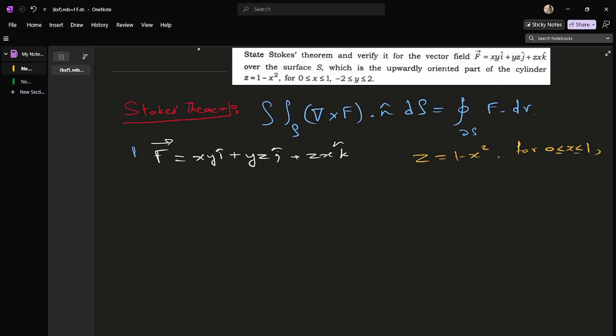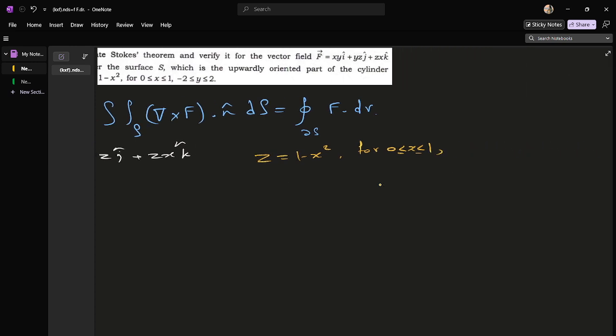Now we have this boundary. So our boundary curve del S: the curve where z equals to 1 minus x square intersects the plane x equal to 1, and it forms a vertical line segment for y from minus 2 to 2.